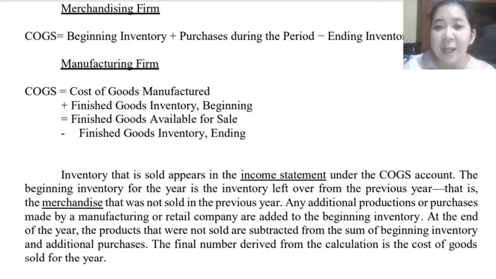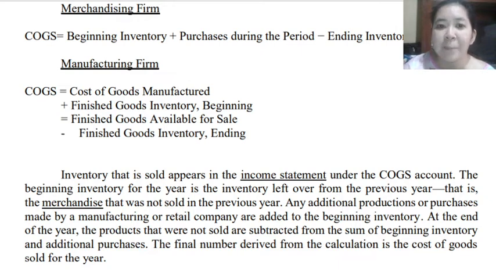In other words, available for sale minus those inventory left in the stock room. So the difference is what you already sold, and that pertains to our cost of goods sold. Inventory that is sold will appear in our income statement, as mentioned earlier, as part of our cost of goods sold account.